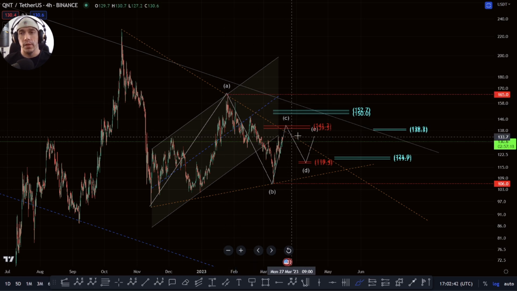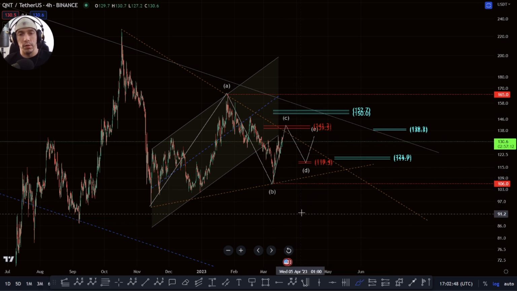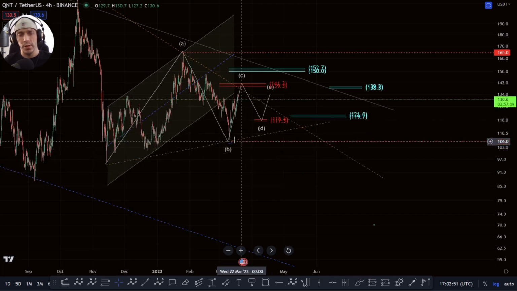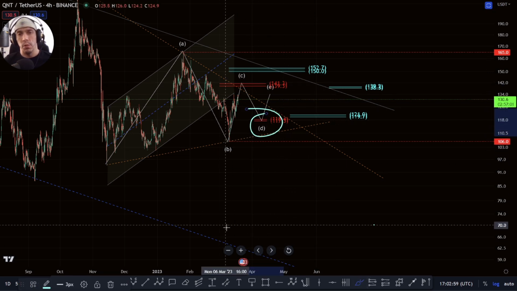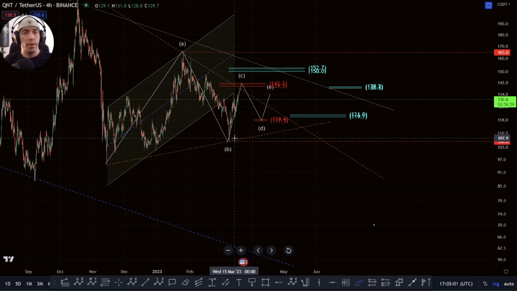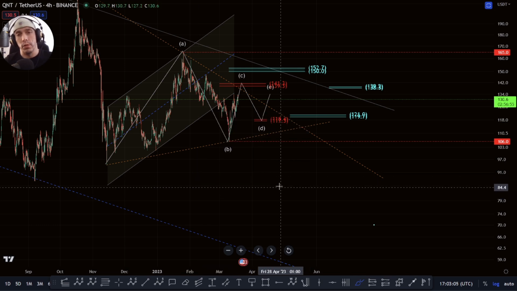If we break above this A wave before then, that invalidates it, or below this B wave here. So we need to be cautious on this. We could still see that possibility where we actually break to the upside or we break to the downside here. This hasn't confirmed. We only get confirmation when we form this D wave. So yeah, it's just something I'm looking out for. I thought it was interesting and I thought I'd bring it to your attention.